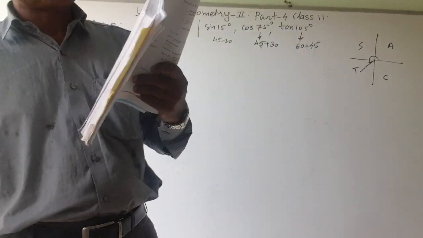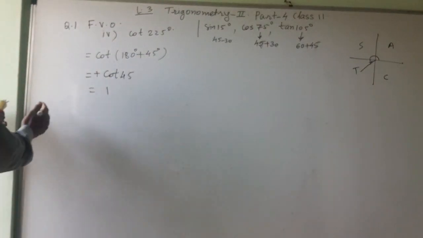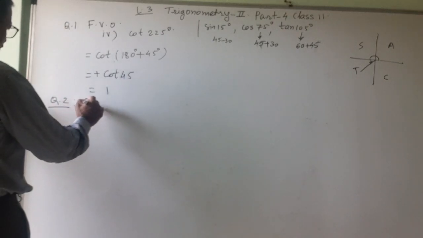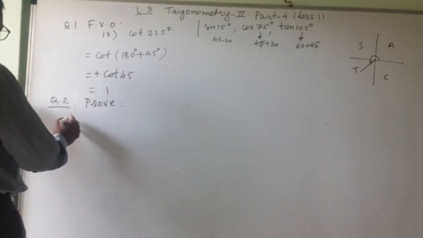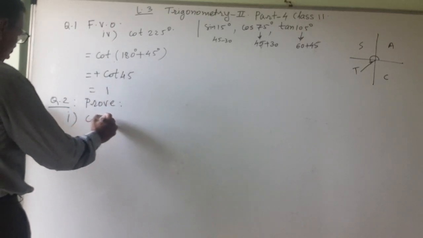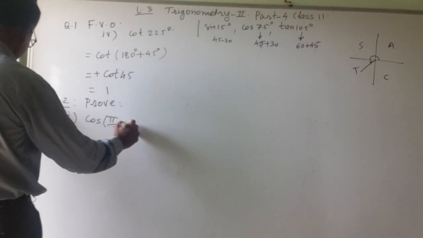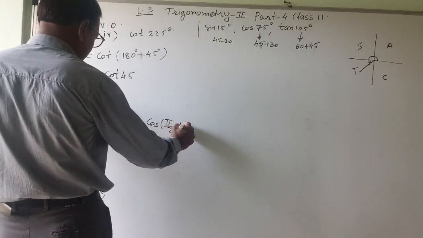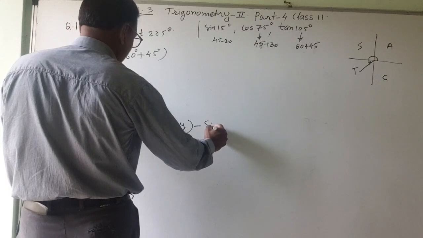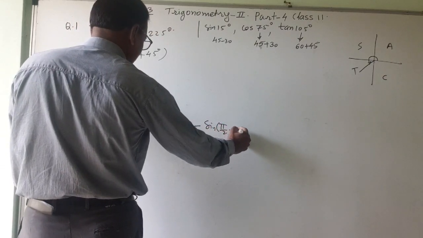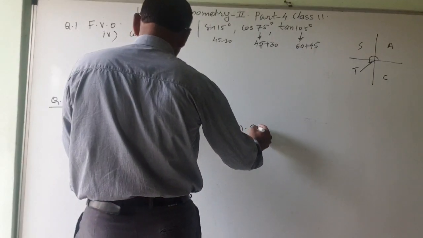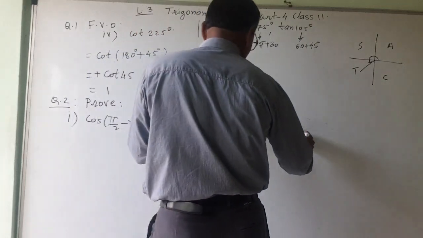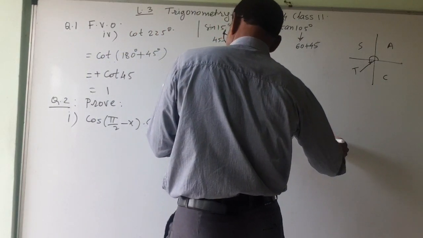Now some other questions. Question number 2. Prove the following: cos of pi by 2 minus x into cos of pi by 2 minus y, minus sine of pi by 2 minus x into sine of pi by 2 minus y, is equal to minus cos of x plus y.